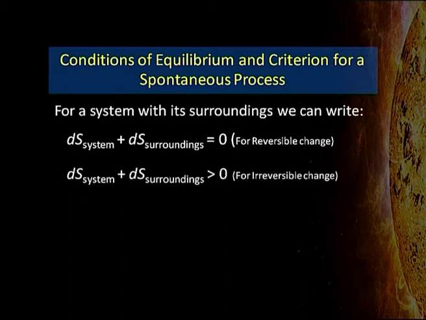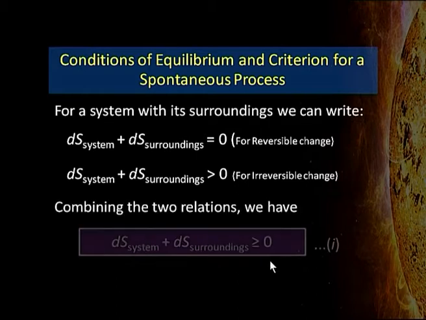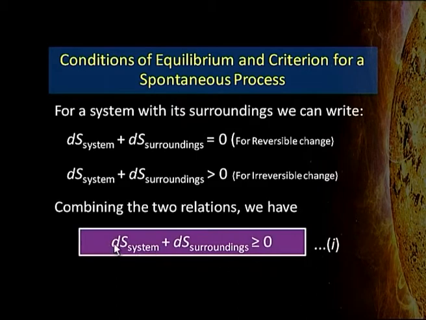But dS system plus dS surroundings is greater than 0 for irreversible change, and combining the two relations we will have dS system plus dS surroundings is greater than or equal to 0. We are representing this equation as equation number 1, as we will use this equation for further derivations.